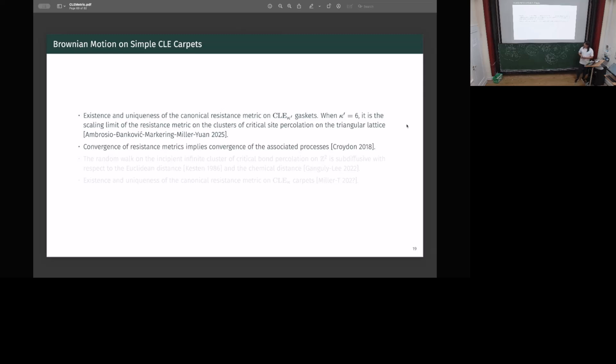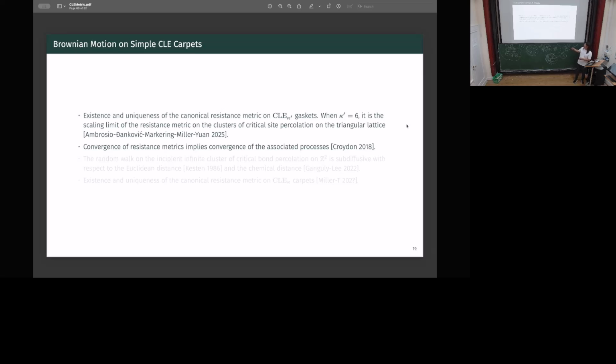And there was a result by David Croydon, which says that if you have a convergence of resistance metrics, then the associated processes also converge. So combining this result and this result, we obtain that the random walk on the critical percolation cluster indeed converges to the Brownian motion on the CLE kappa prime carpet they constructed.